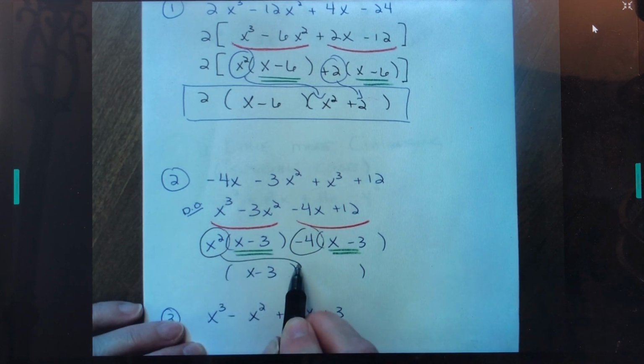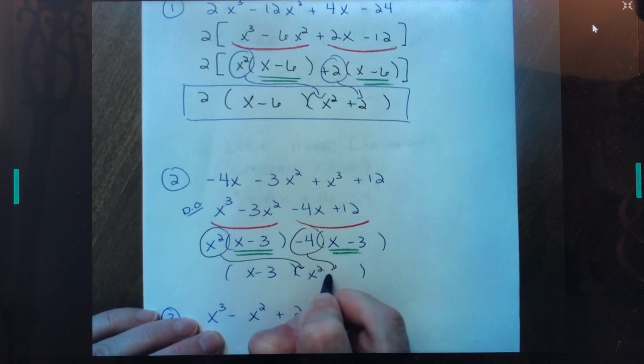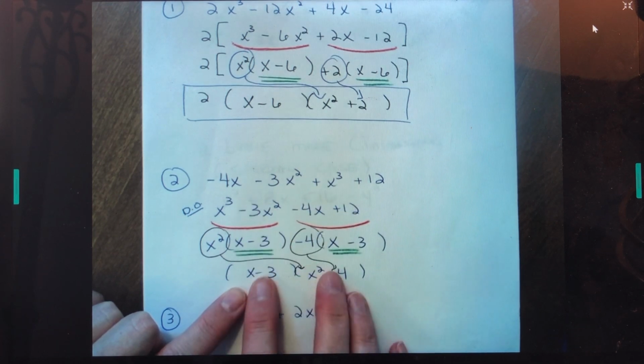Those are going to get mapped into this second set of parentheses. So I have an x squared minus 4. Okay, so at this point the grouping process is done and I have factored this polynomial.